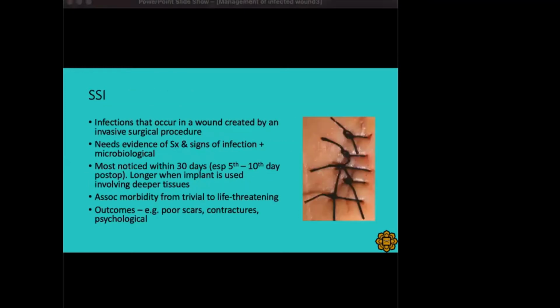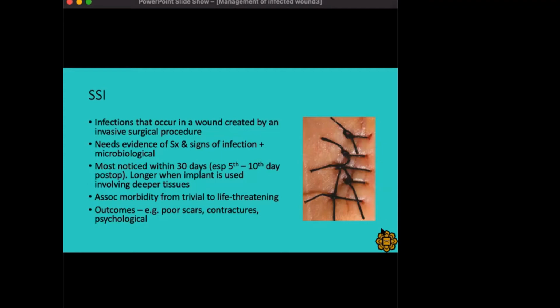So, SSI. Basically it's an infection that occurs in a wound created by an invasive surgical procedure. So it needs evidence of symptoms and signs of infection and microbiological evidence. Most are noticed within 30 days, usually between the 5th to 10th day post-op.